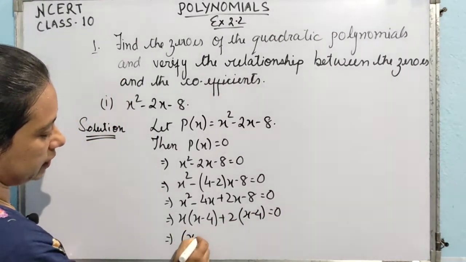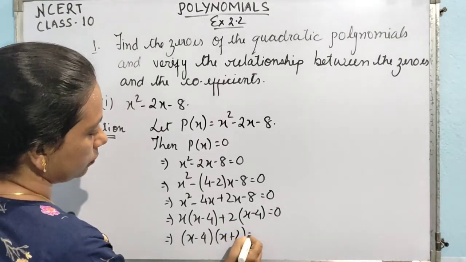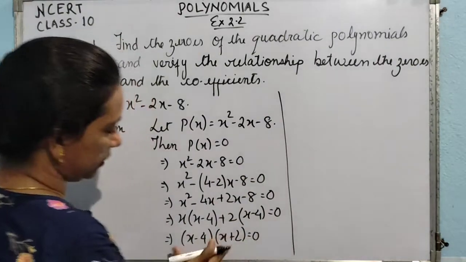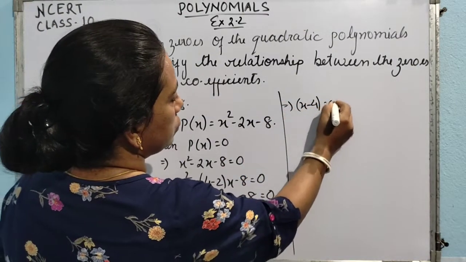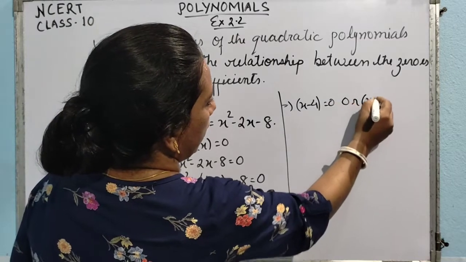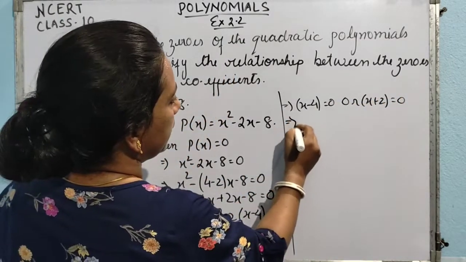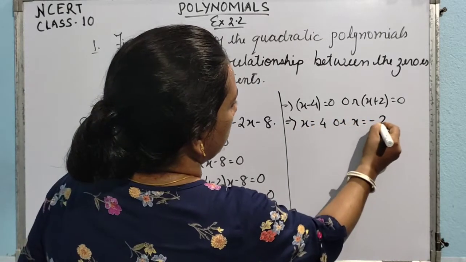So we have x minus 4 into x plus 2 equal to 0. We are just factorizing it. So it implies x minus 4 equal to 0 or x plus 2 equal to 0, that is, x equal to 4 or x equal to minus 2.